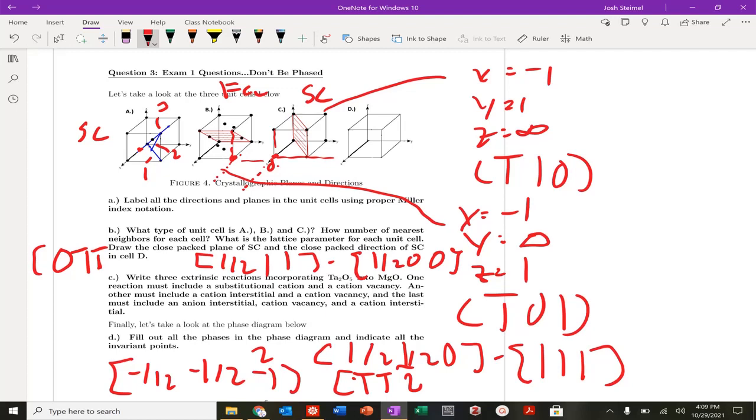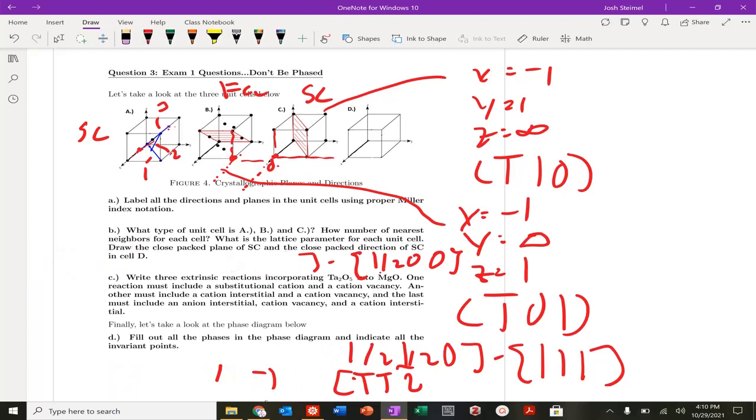This is 1 half, 1, 1, and then basically going from here to here, and then this is going to be 1 half, 0, 0, that's fine. So 0, minus 1, minus 1. Yep, that's it. So I've got my directions, I've got my planes.